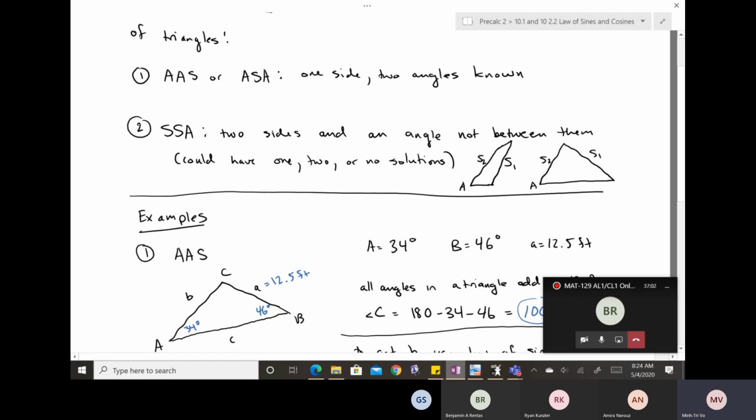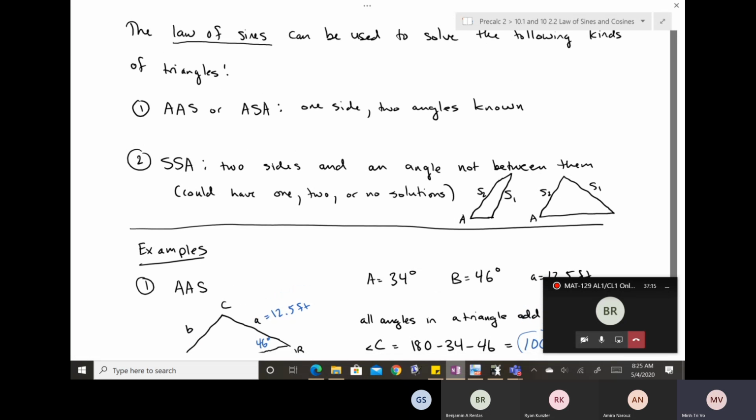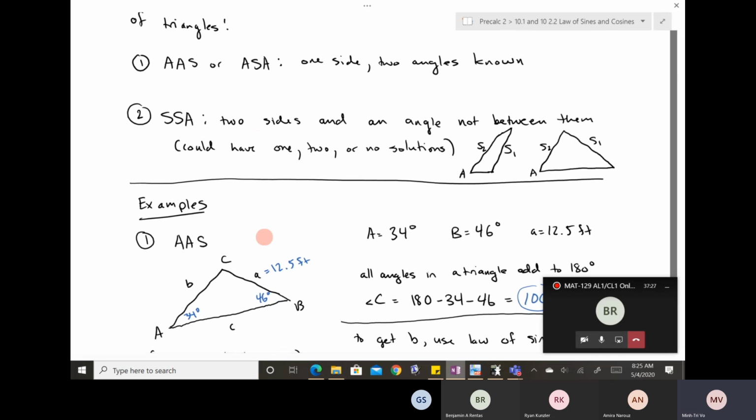Basically, the reason this happens is, if you remember from geometry, there are different situations where you have congruent triangles. So for an ASA triangle, if you have two triangles where you know one side and two angles, then the two triangles have to be congruent.